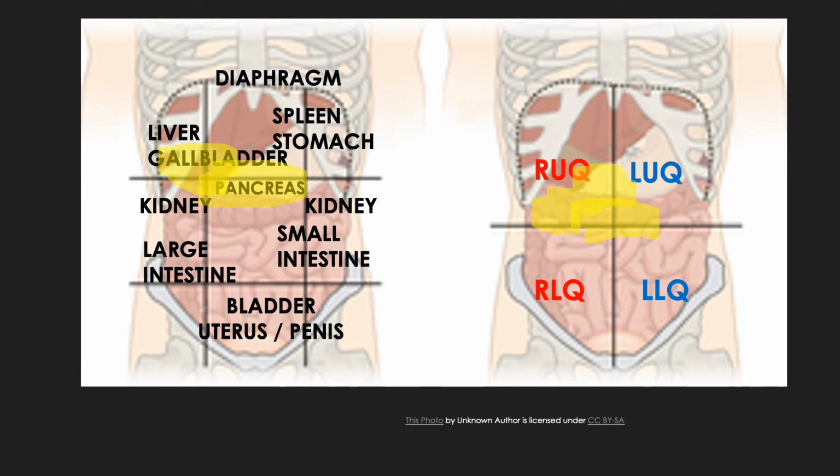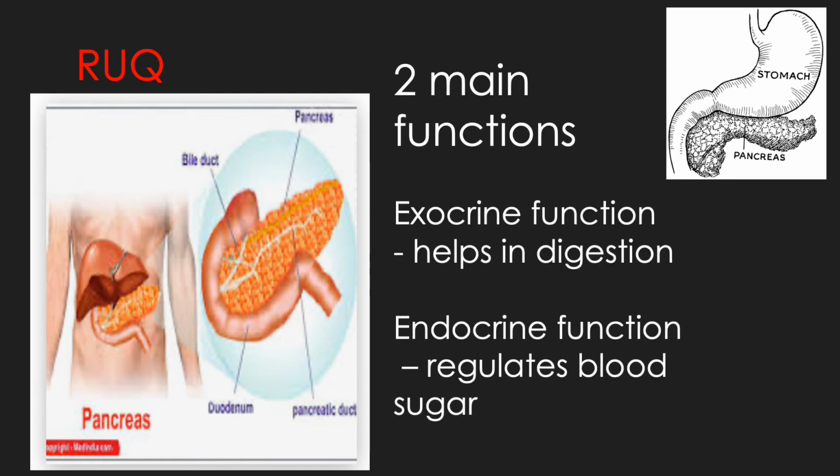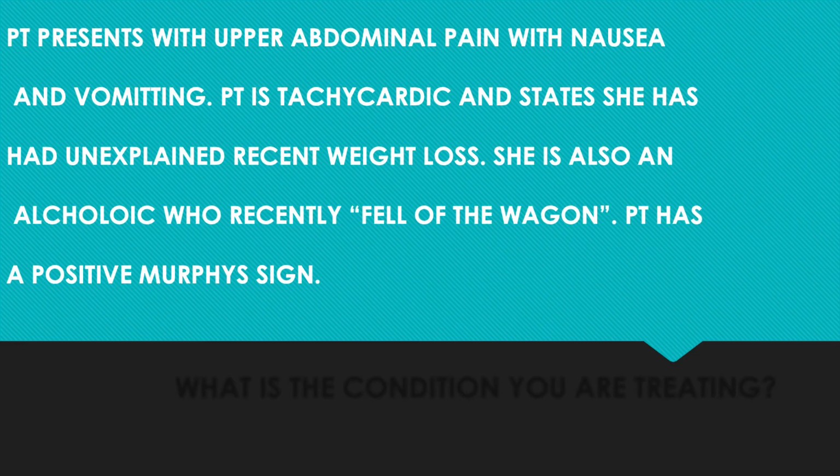Next organ we're looking at is our pancreas. Your pancreas is in your right upper quadrant. Your pancreas is an organ that has endocrine function and exocrine function. So it helps in digesting your food, and it regulates your blood sugar with your alpha and beta cells.